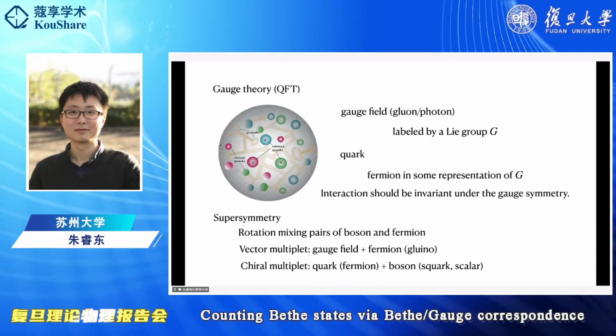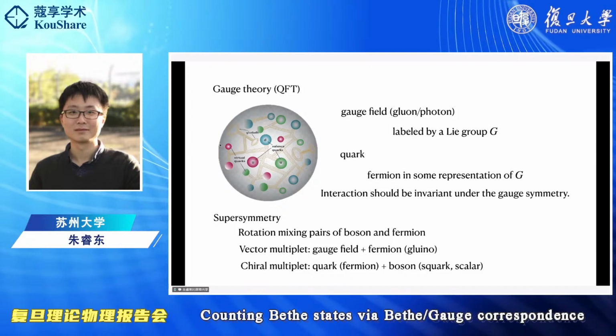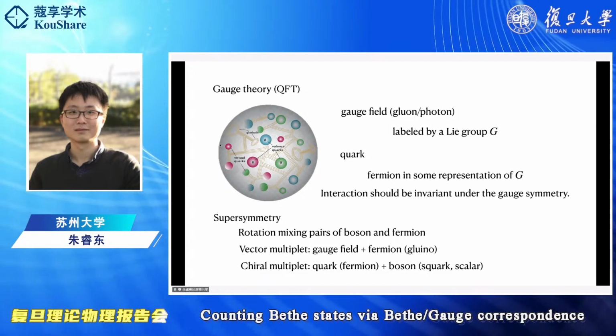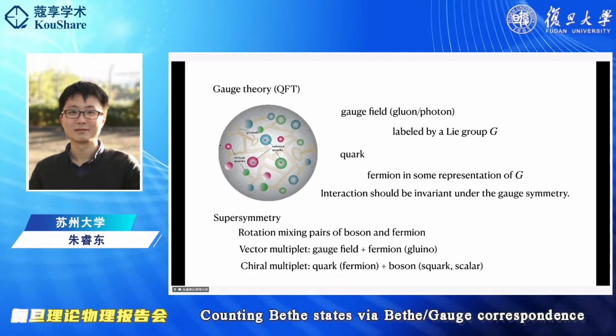Also, if we consider quarks in the system, they will be paired with some boson, usually called a squark, a scalar field in the theory, and they form a chiral multiplet. So first of all, supersymmetry tells us that we need to introduce more fields into the theory.